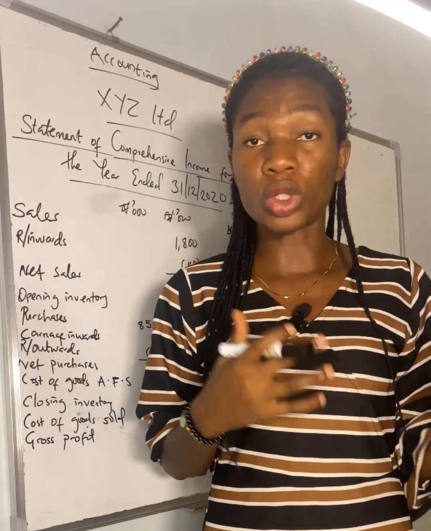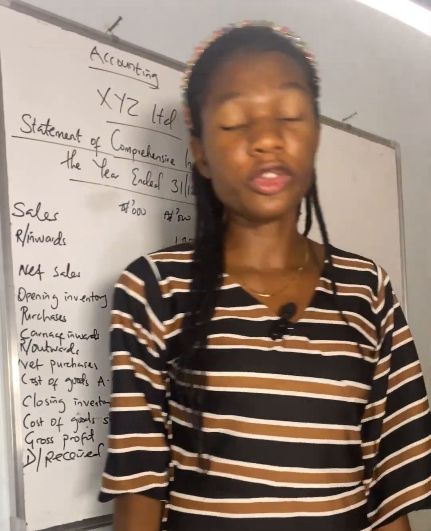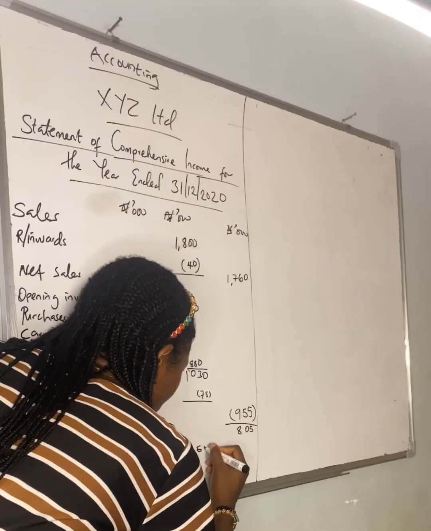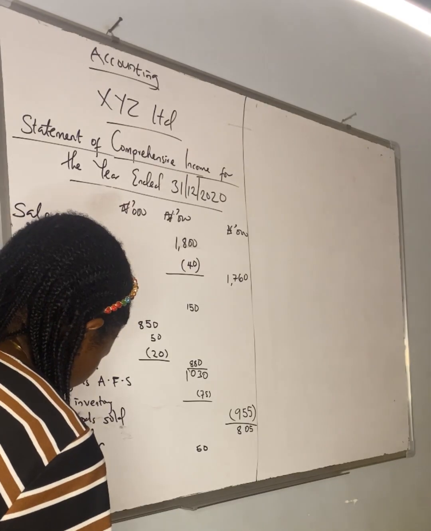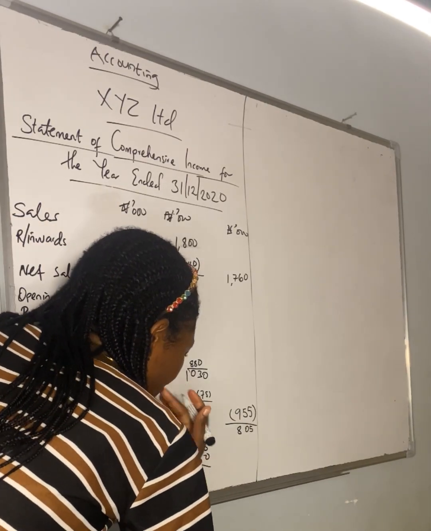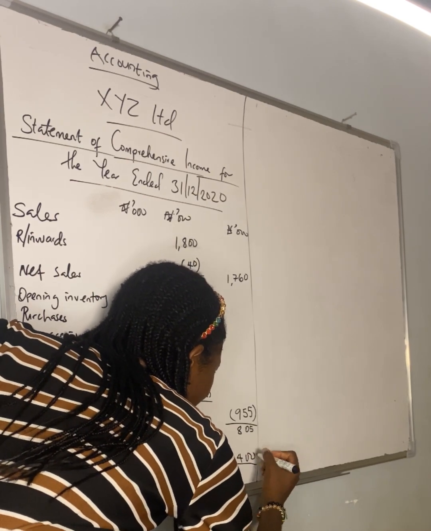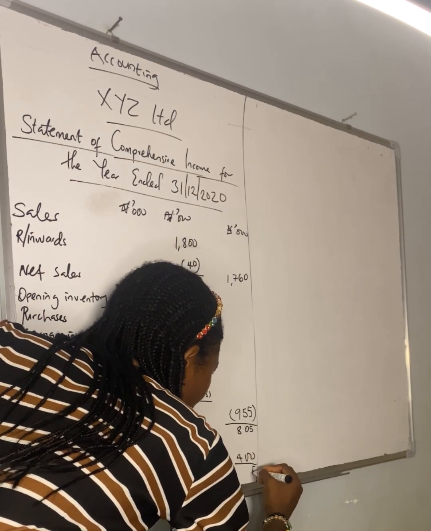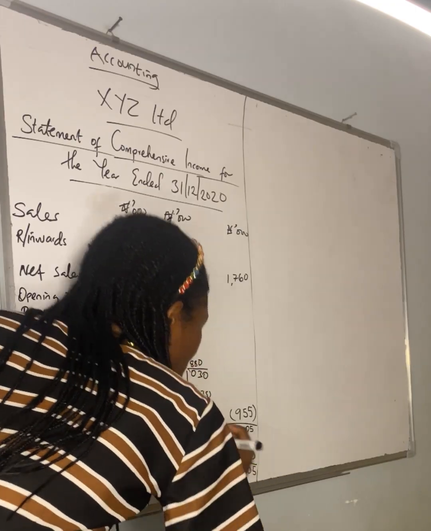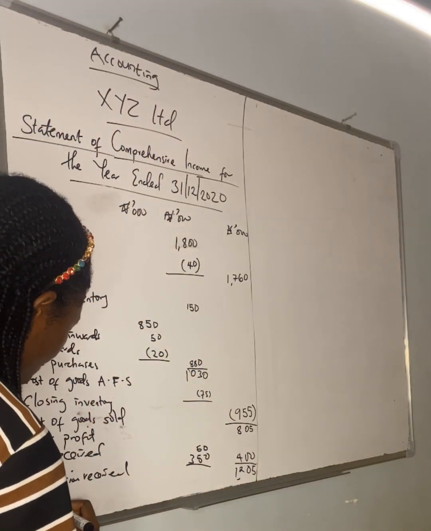So that means it was commission received. That discount received amounting to 50,000, and then we have commission received amounting to 350,000. So our total other incomes was 400,000. When we add this, our total income for the year, we're going to have 1 million. Okay, this is our total income for the year.